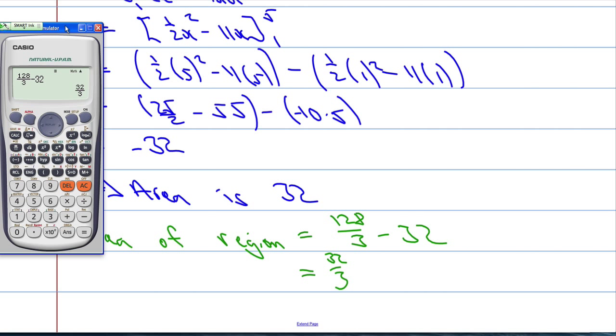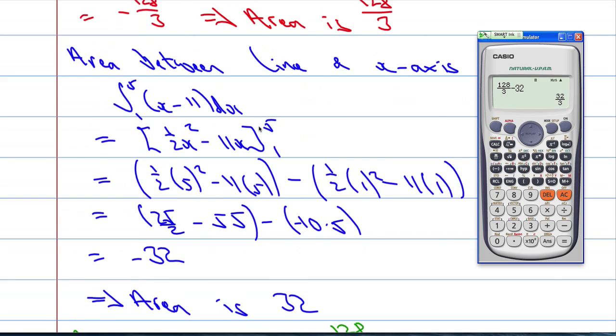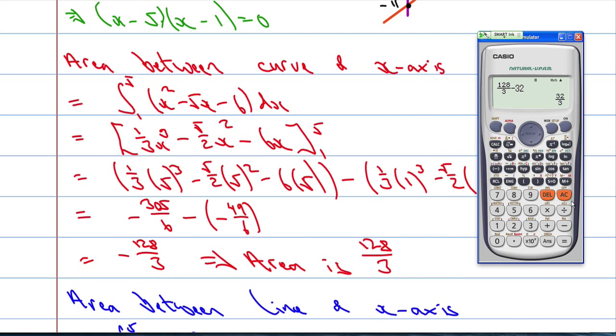Okay, now, it's really wise to check what we've been doing here. So, I'm taking the area of the line away from the curve. So, let's do this curve again. That's 5 and 1, and then we've got x squared minus 5x minus 6.